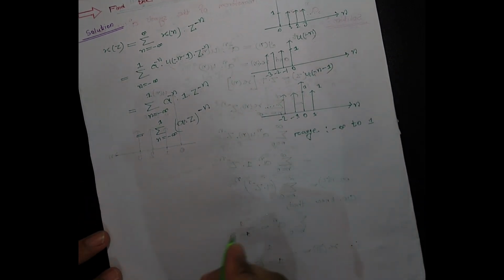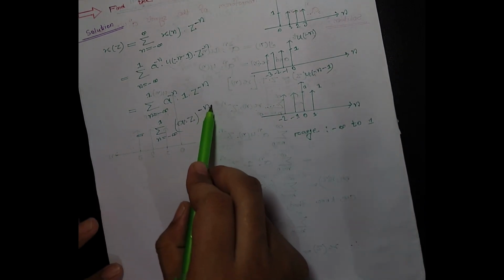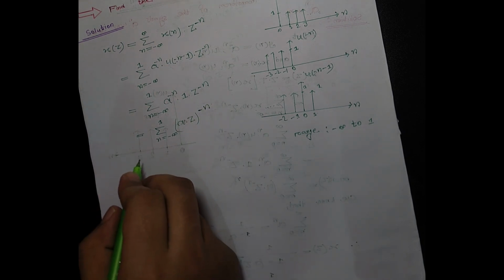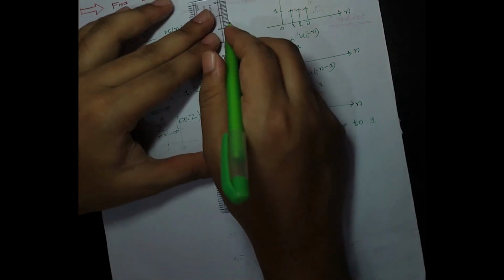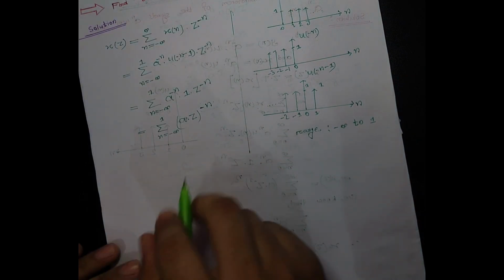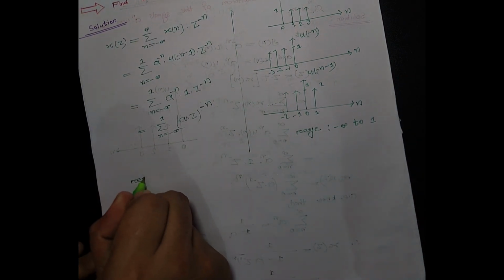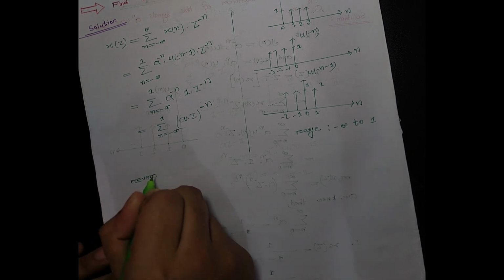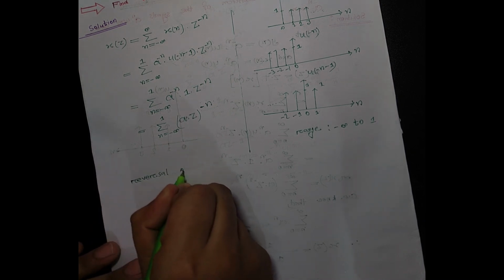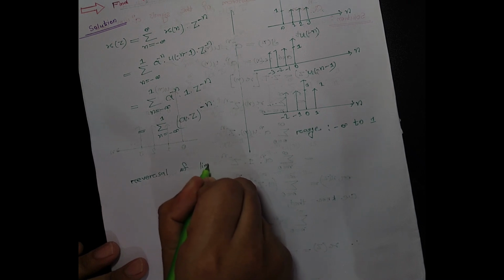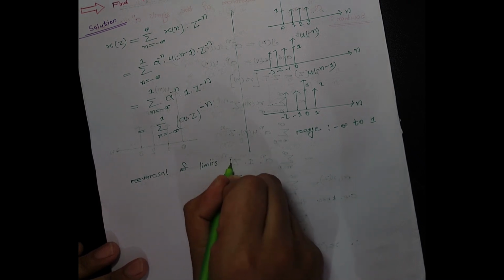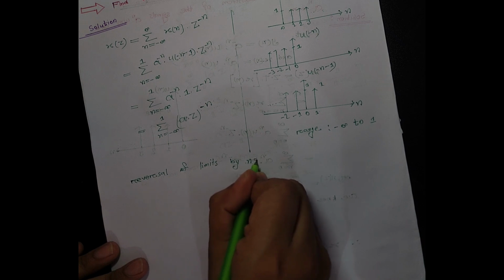Now as here is minus n, reversal of limits by n equal to minus n.